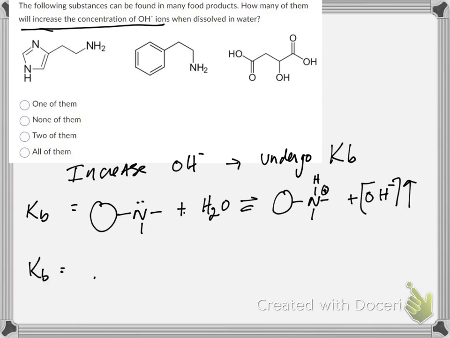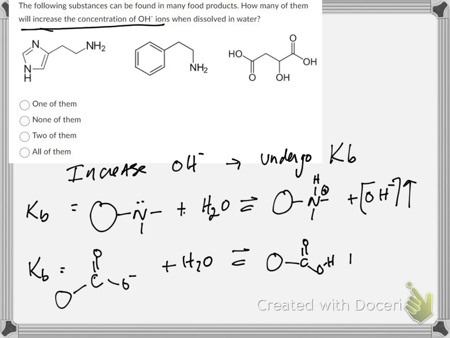The other substance we can put in water that would create hydroxide ion is the conjugate base of a carboxylic acid. So COO minus will act as a base, and so it will regenerate its conjugate acid plus hydroxide ion. So either one of these would do it, but we see through the panel that the COO minus is not present.